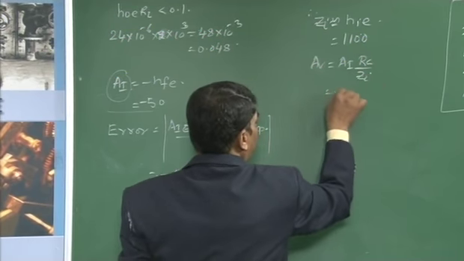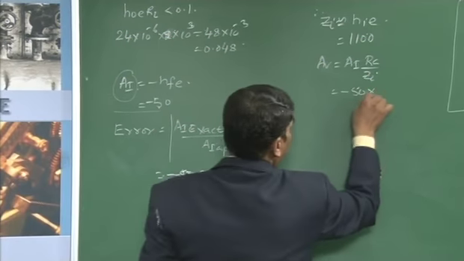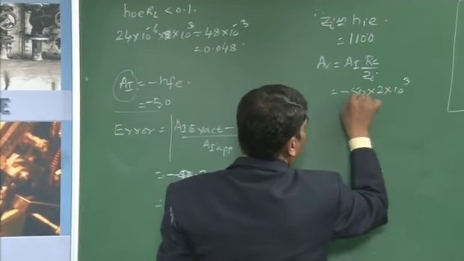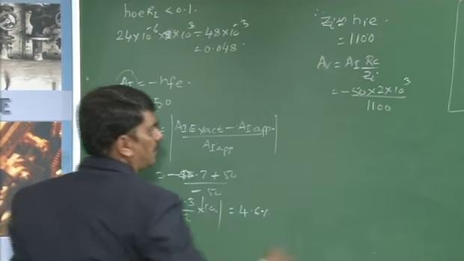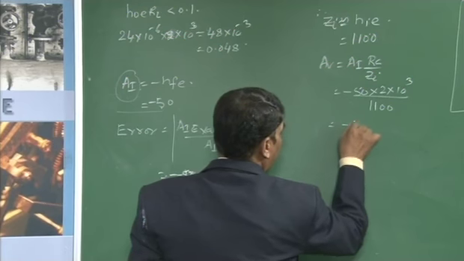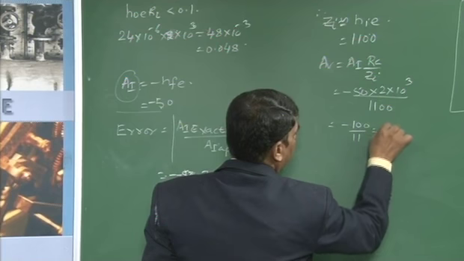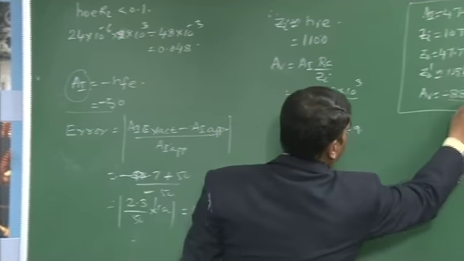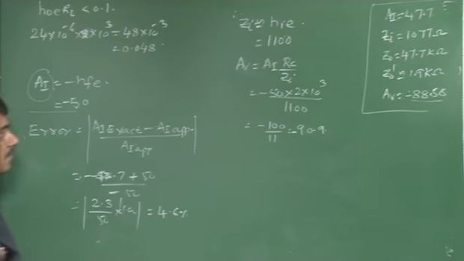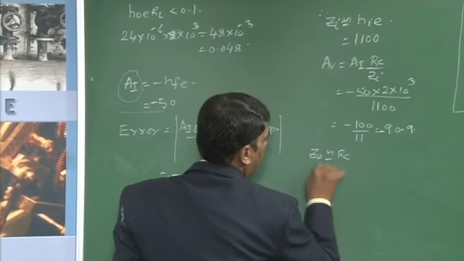This is equal to minus 50 into RC, which is 2 into 10 to the power of 3, and Zi is approximately 1100. This is approximately minus 100 by 11, which gives minus 90.9. In this case, you got the value 88.58. The output impedance Zo is approximately equal to RC only.